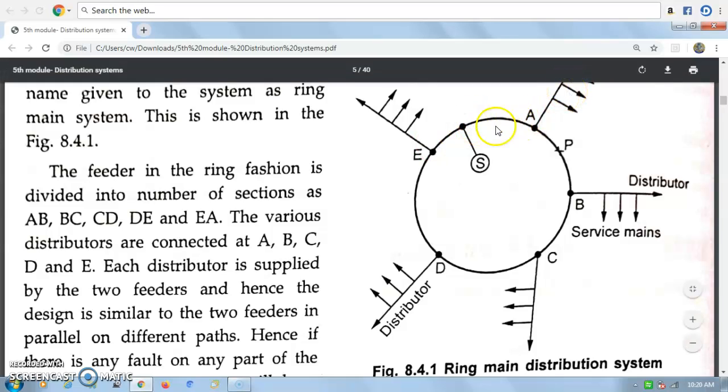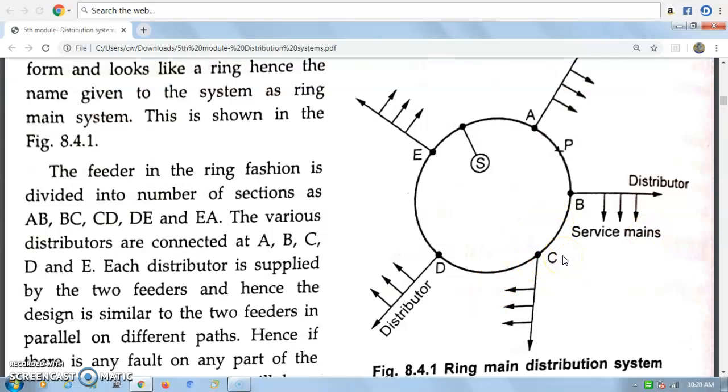The various distributors are connected to the points A, B, C, D, E. Each distributor is supplied by two feeders.